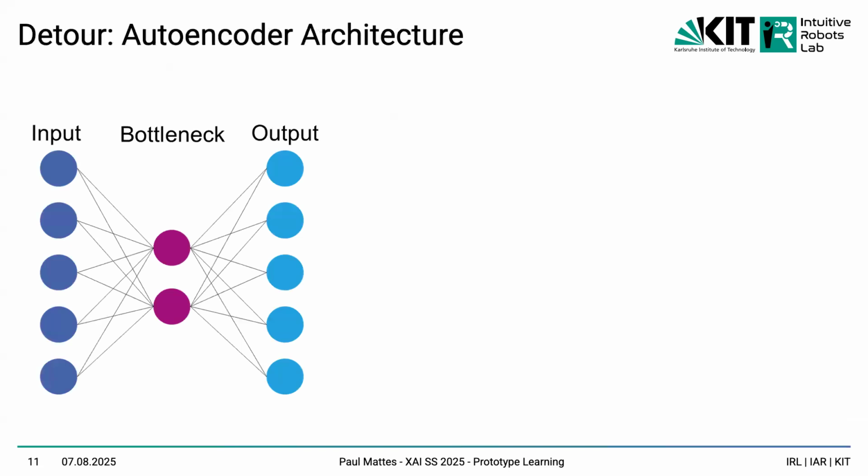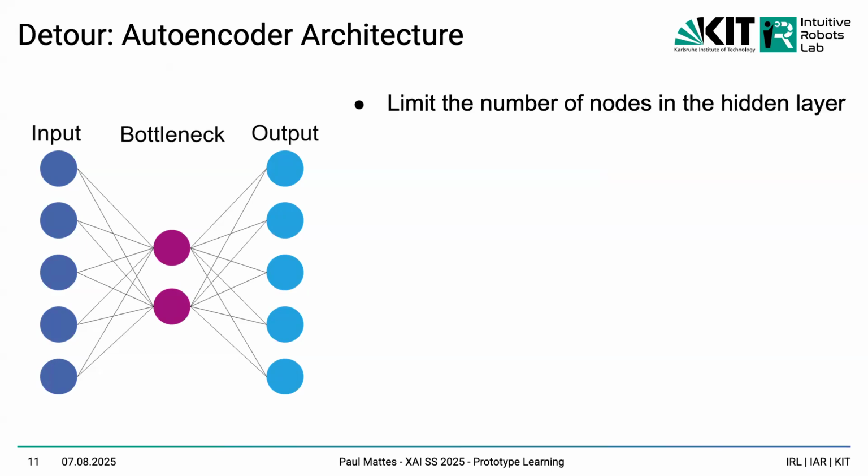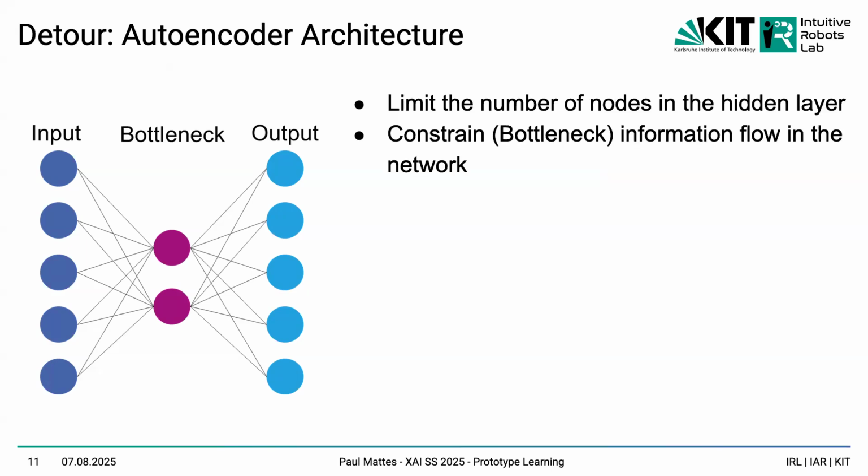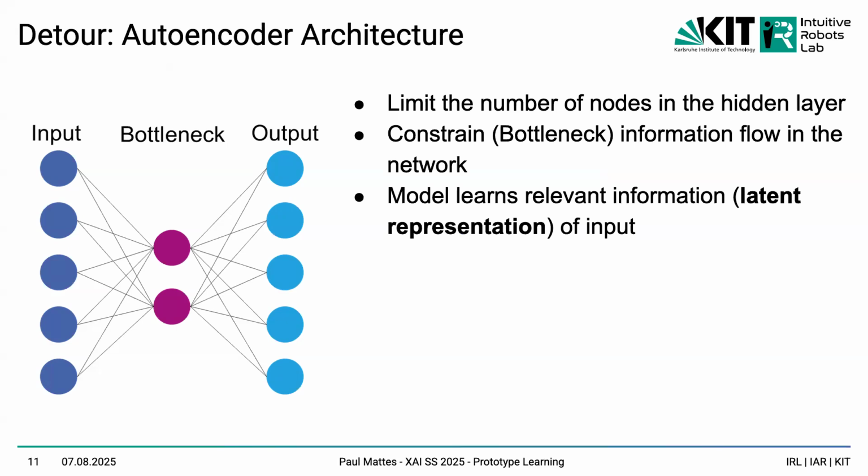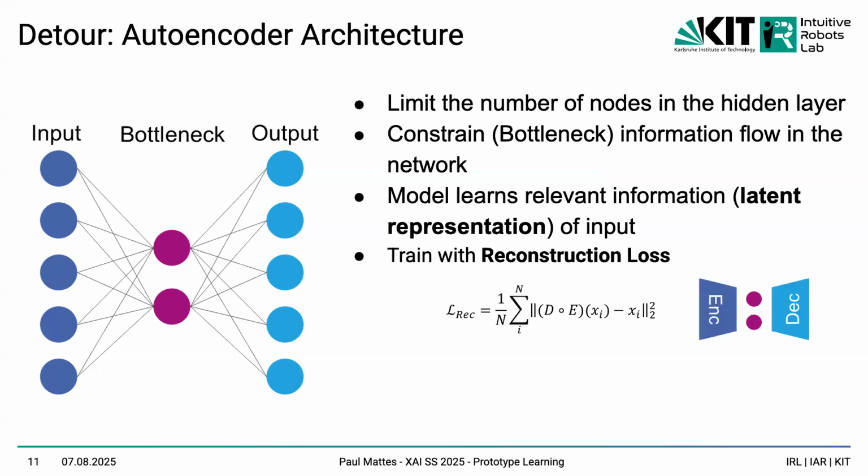And before we get to the fix, we need to take a quick detour to autoencoder architecture, just to remind you. Autoencoders, we have an input, we have a bottleneck in the middle, we have an output, and the idea is that we want to give the input in and reconstruct it at the end. That's the whole idea of autoencoders, right?